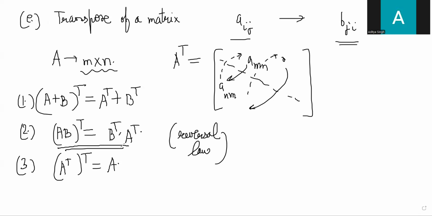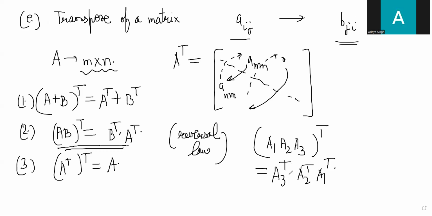This is important because this rule basically allows you to generalize for multiple matrices. Like it can actually be generalized like this also: (A1 A2 A3) whole transpose. It can be written like this also. Correct?